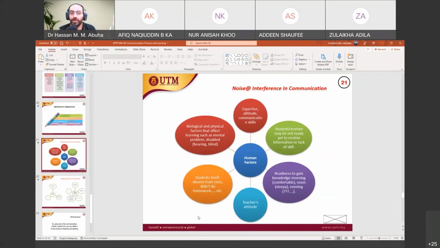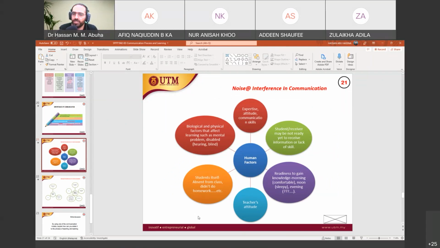Now, when we talk about noise, if you remember at the beginning of the slides, we have mentioned that there are many noise factors that could affect the process of communication in our classrooms. These factors could be from you as a teacher: teacher's attitude, as I mentioned, teacher's mood, teacher's voice, okay?